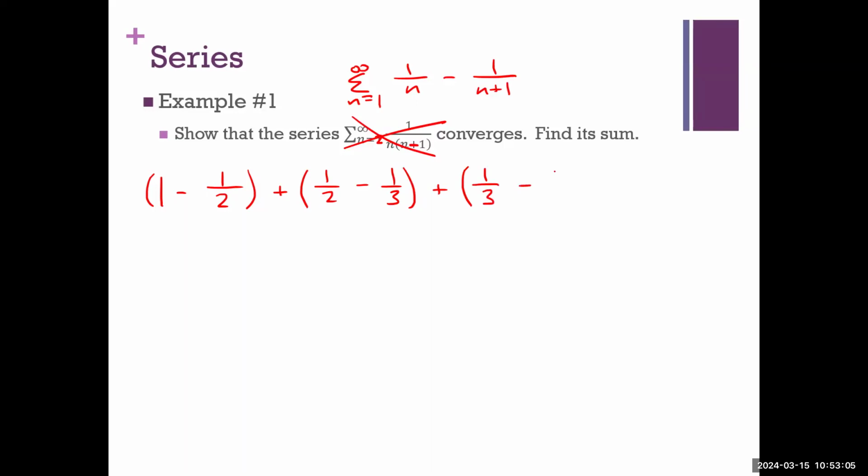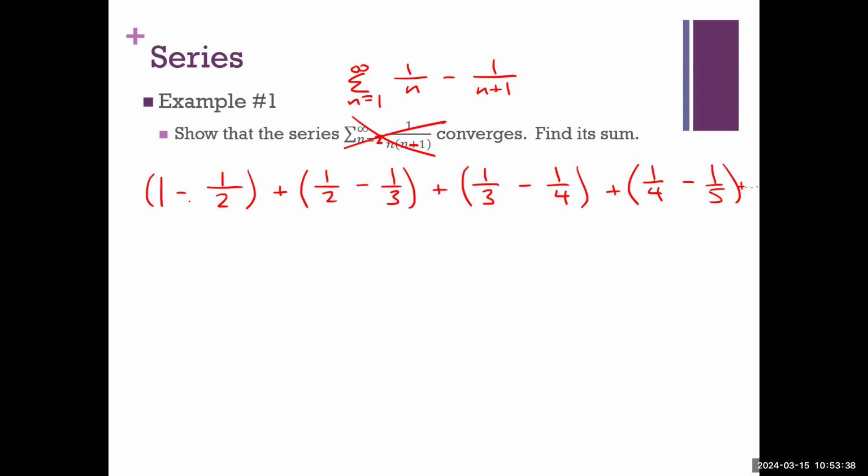You tell me if you notice anything. Anything jumping out to anybody yet? Whatever I subtract from one term becomes something I add on the next term, right?